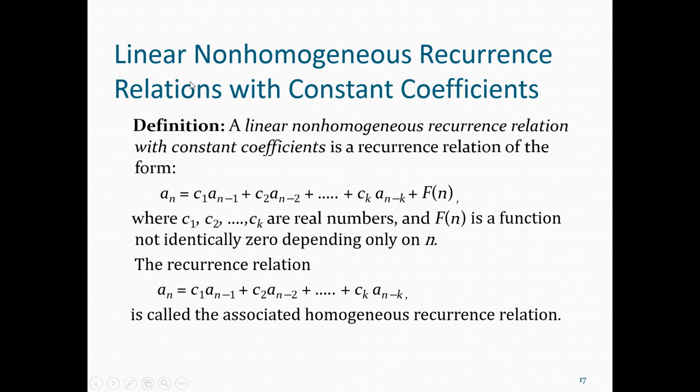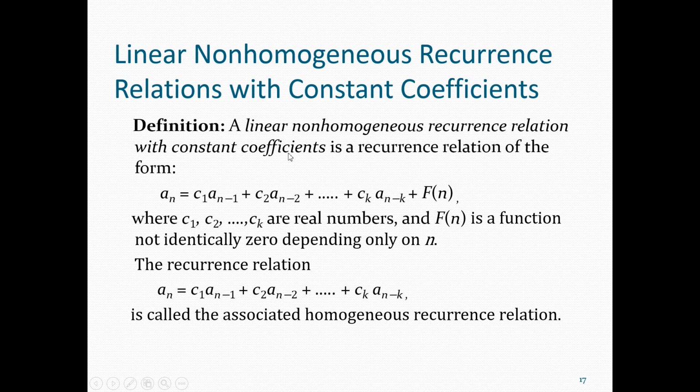Next, linear non-homogeneous recurrence relations. So far we have discussed the different cases for homogeneous recurrence relations. Now, what if we have a non-homogeneous linear recurrence relation with constant coefficients? Then how to solve this? First of all, let's define it.